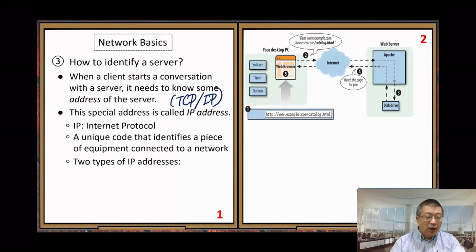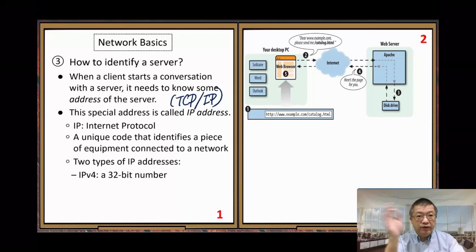There are two types of IP addresses. The first type, the old type people used a long time ago, is IPv4, version 4. It is just a 32-bit number, 4 bytes.